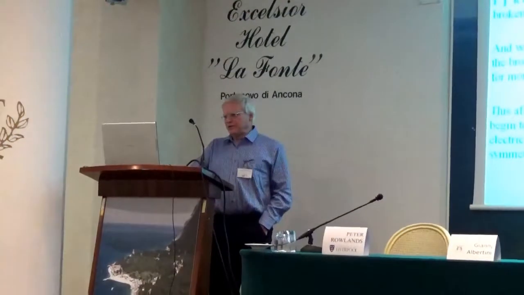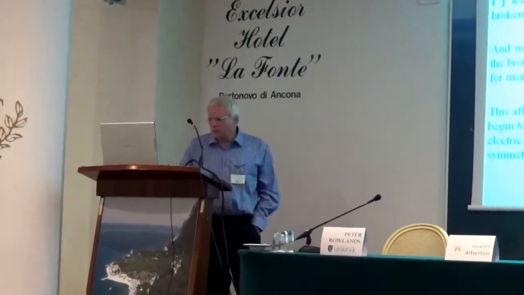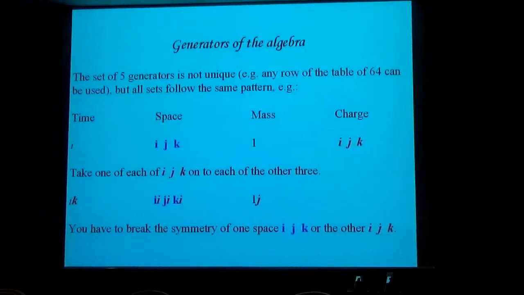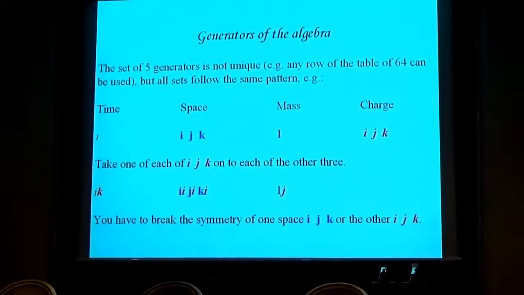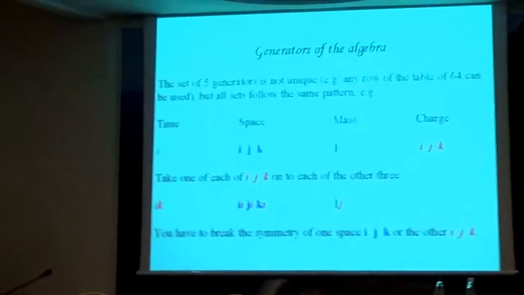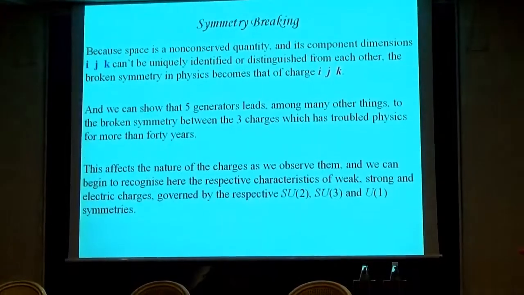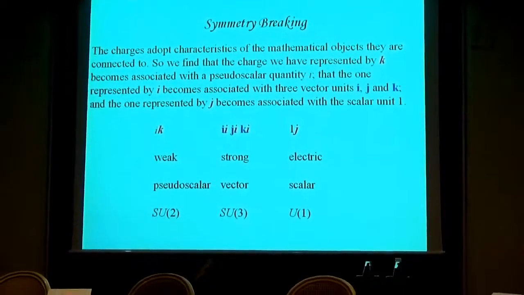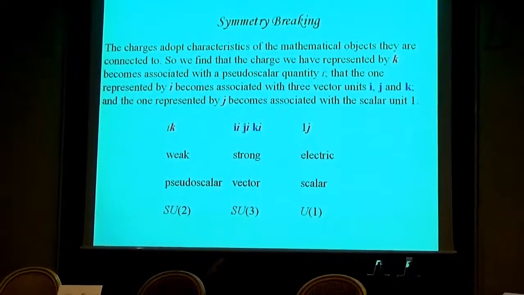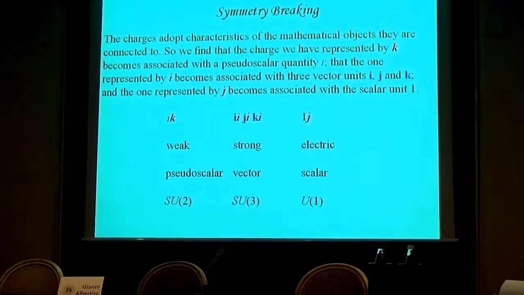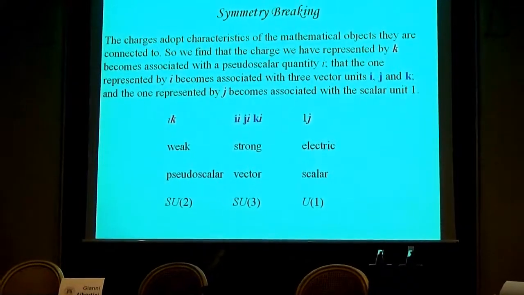We know from the Standard Model that there are SU2, SU3 and U1 symmetries for the 3 interactions. Well, here we see the beginning of it. On the left you see the SU2 beginning. In the middle you see the SU3 beginning, and the U1 for the right-hand one. And that's how I would represent it. Each charge becomes different in its effect because of the thing it's associated with.